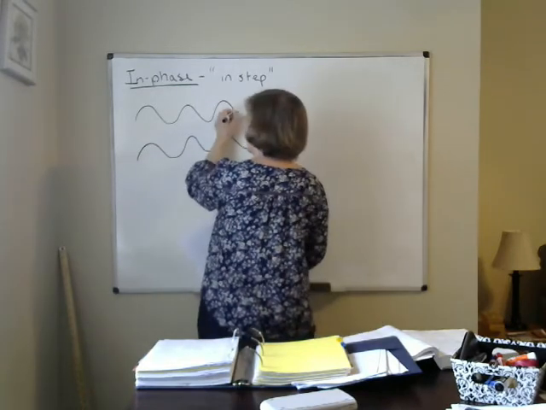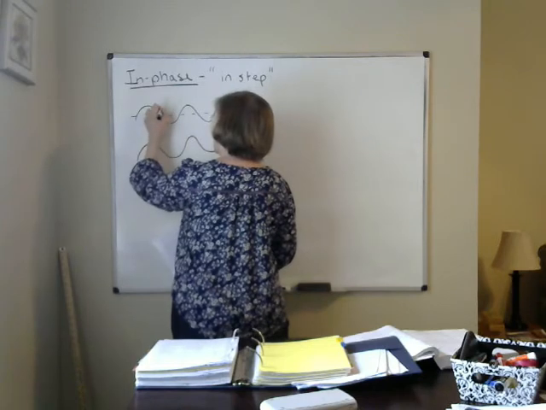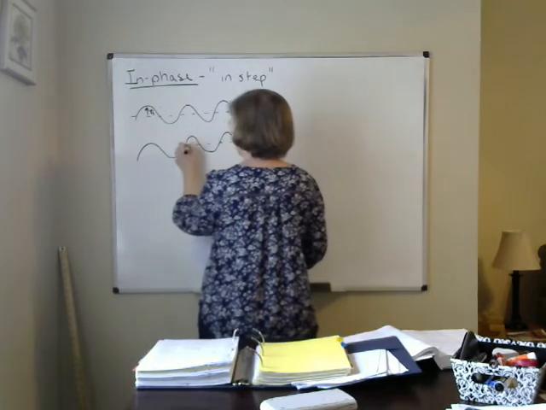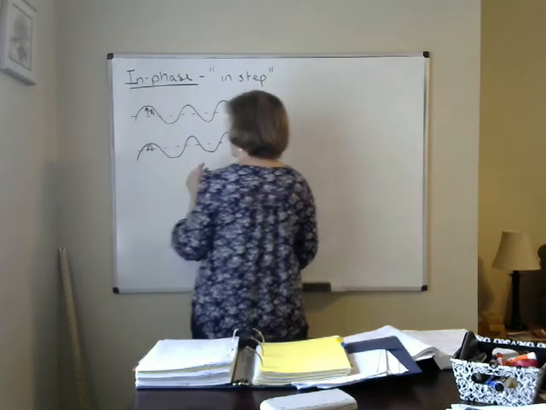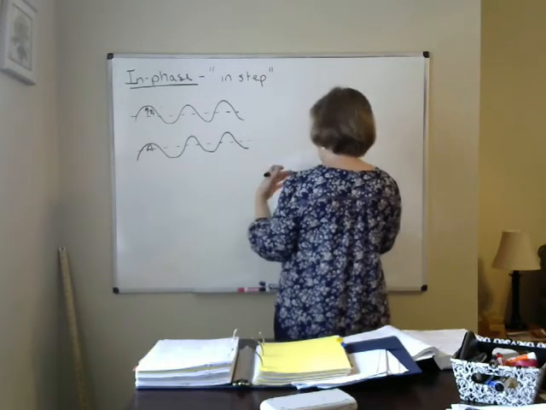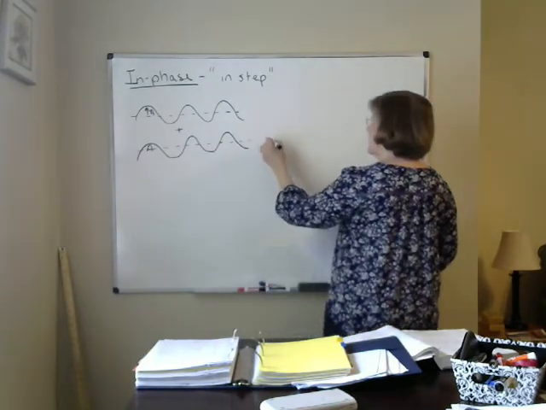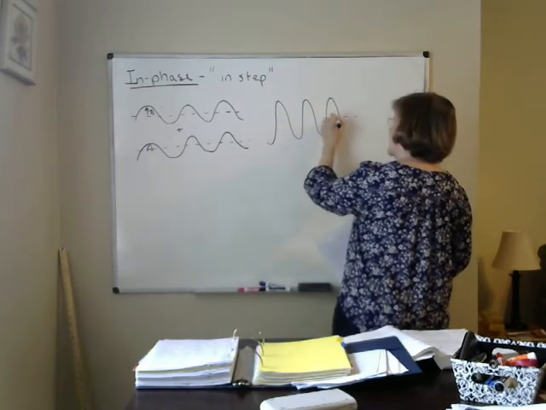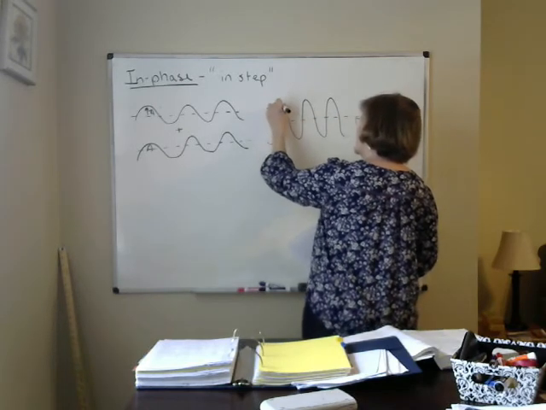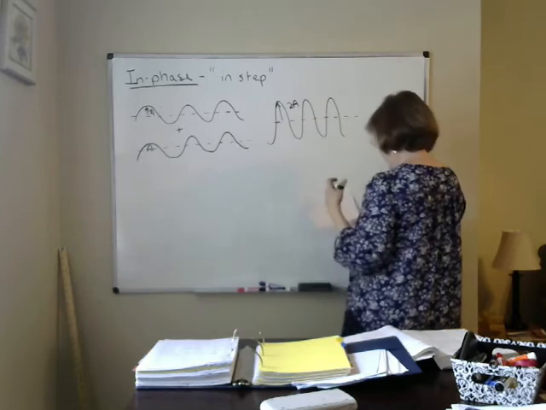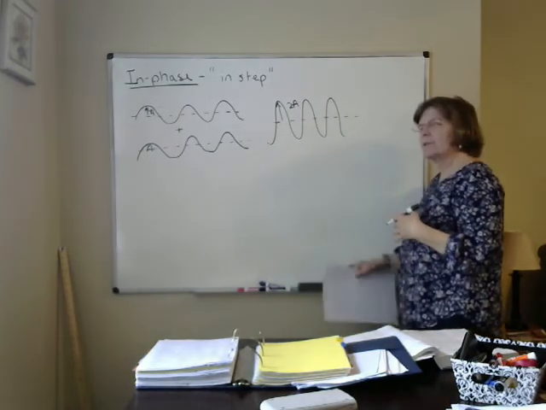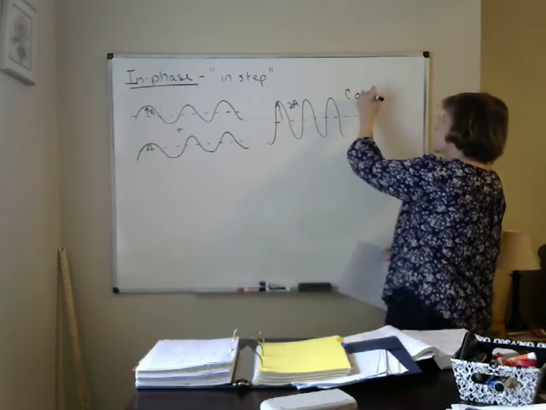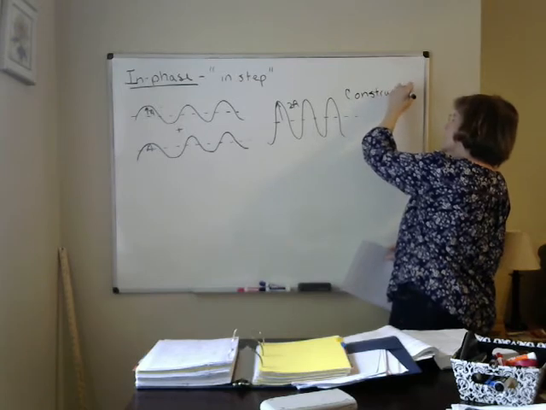If this one has an amplitude of A, and this one also has an amplitude of A, I didn't draw that very well, but you get the idea. If I were to add those two waves together, I'd get a new wave. And my new wave now has an amplitude of 2A. Anytime you have waves which result in getting a larger amplitude, this is what we call constructive interference.